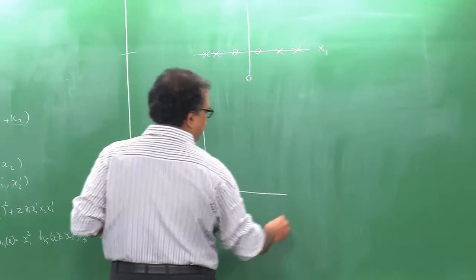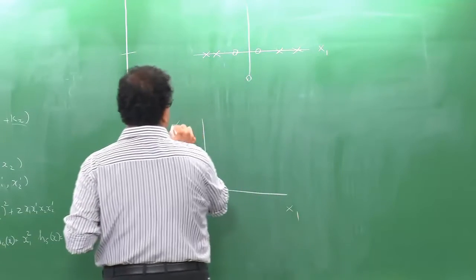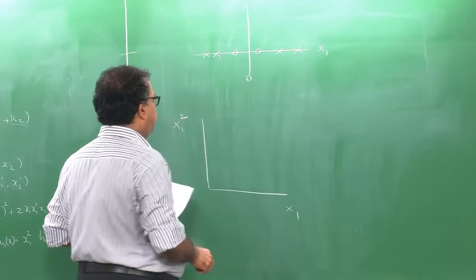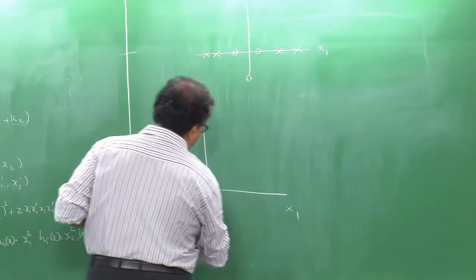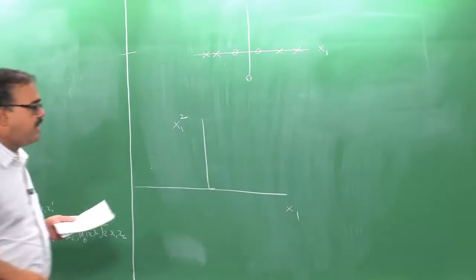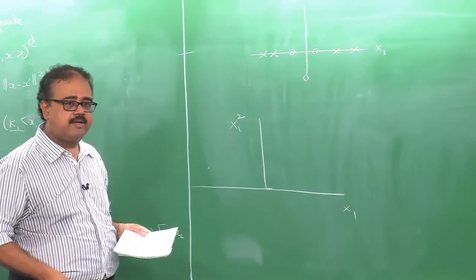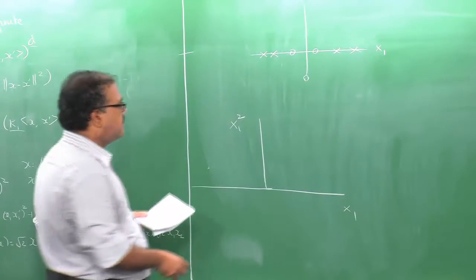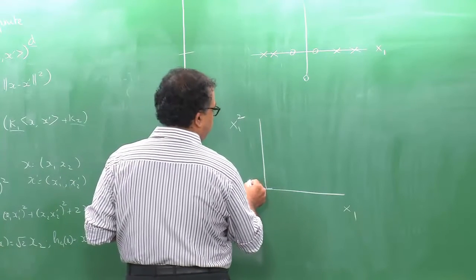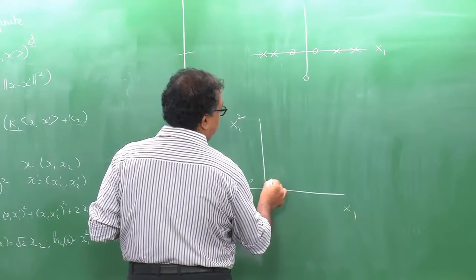But let us look at what happens if I plot this data in a 2-dimensional plane where I have x1 as one of my axes and x1 squared as my other axis. The 0 will probably get mapped to somewhere here.